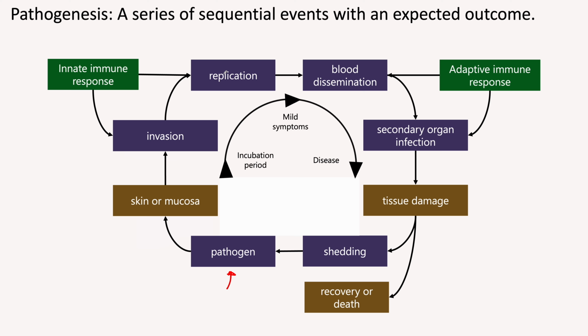From there, the organism may disseminate into the blood. Sometimes the cells of the innate immune response, for example, dendritic cells, take the pathogen to the lymph nodes, and the infection may stop there, or from the lymph nodes, the organism may disseminate into the blood.